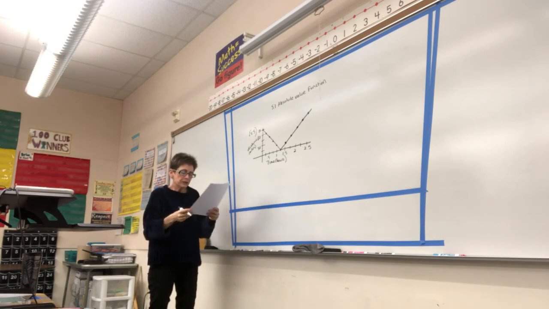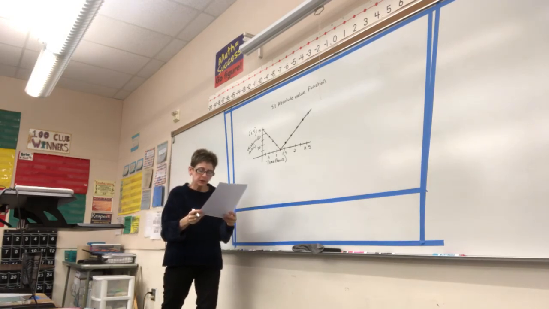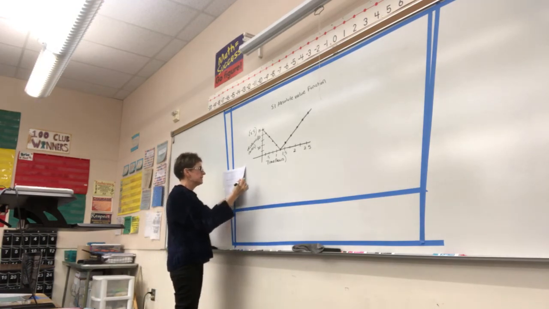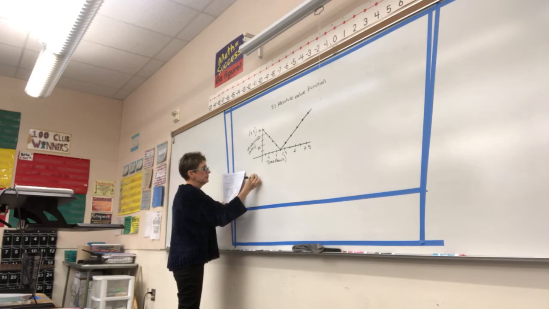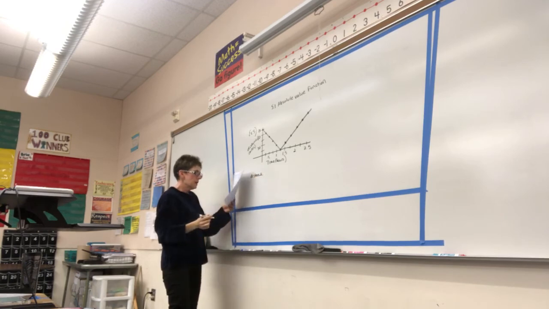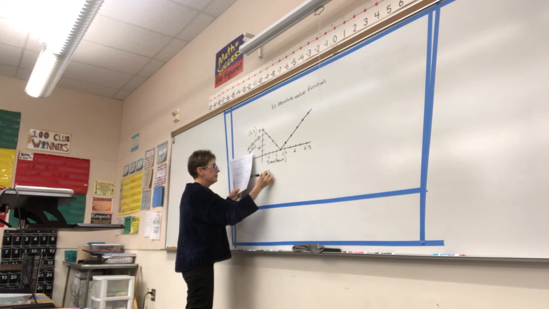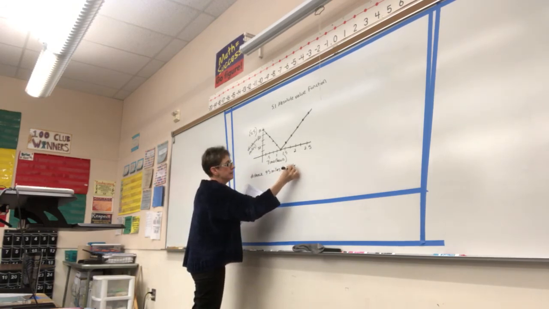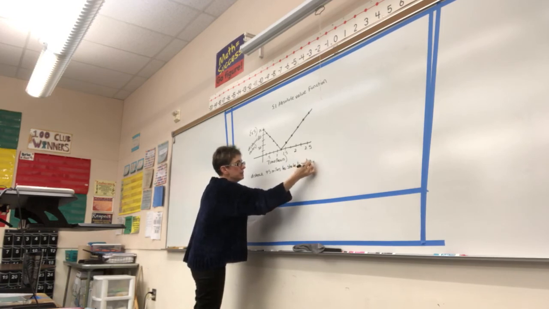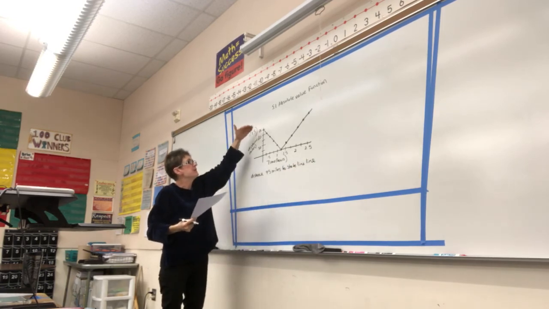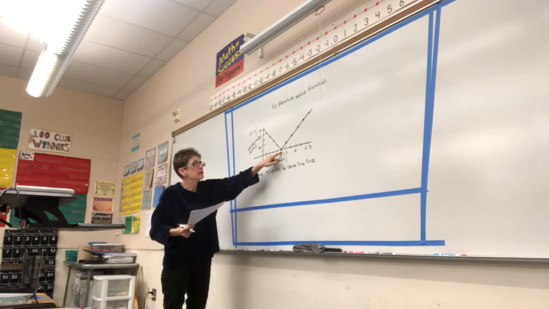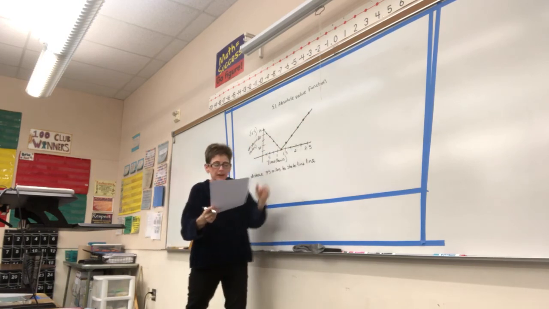So, the question says, what does the graph tell you about the bus ride? So, the graph tells us the distance that the bus travels. It is 75 miles to the state line. Because if we're looking at distance from the state line, the bus is starting off 75 miles away, and then it becomes 0 miles away, and then it travels 75 miles back.